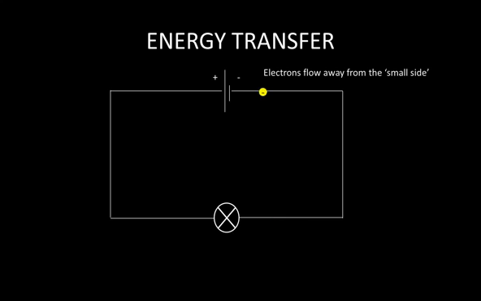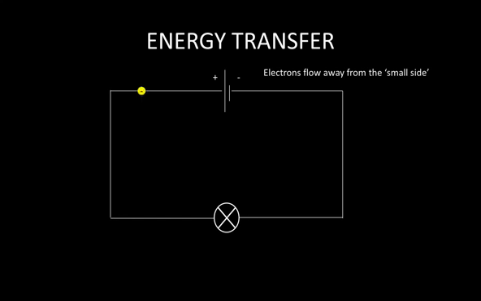Keep note that in a circuit, electrons flow in a certain direction away from the small side. Why? Well, we know that like sides repel and opposite sides attract. Now if you've got a battery cell such as this, the big line is always going to be the positive side.